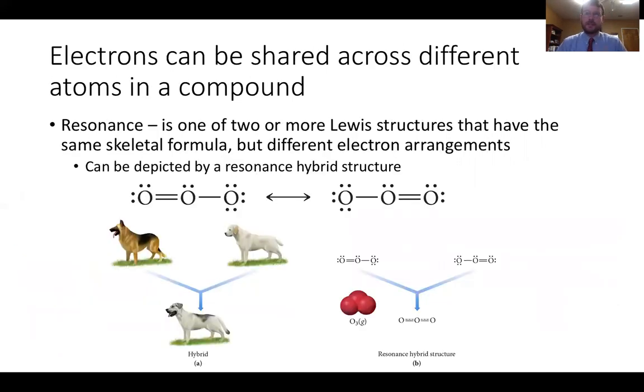So electrons can be shared, right? Usually when we draw covalent compounds, we draw them as static, right? That this is the way it looks. With CO2, this is the way it looks. What we're going to do is pause here, just because the next few slides will take us some time to really go through.